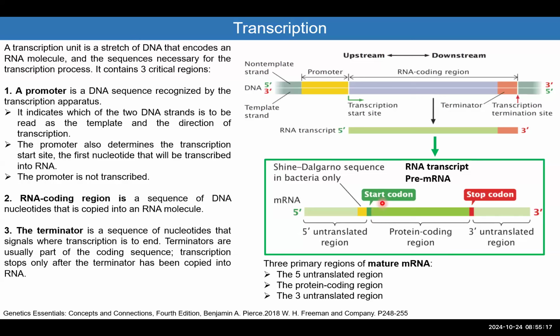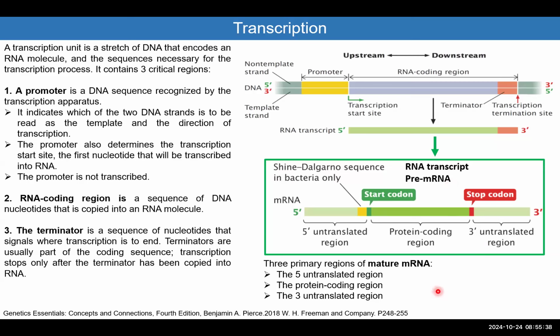In between, there is the protein coding region. And then there is also a 3' end that is not translated to the protein. So in other words, the protein coding part of a messenger RNA is much smaller than the pre-messenger RNA.